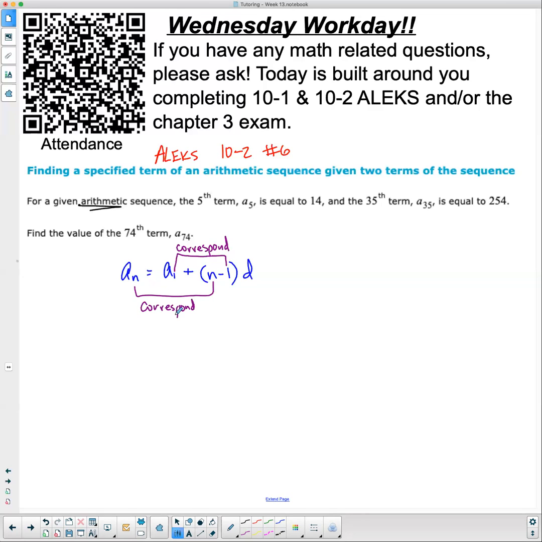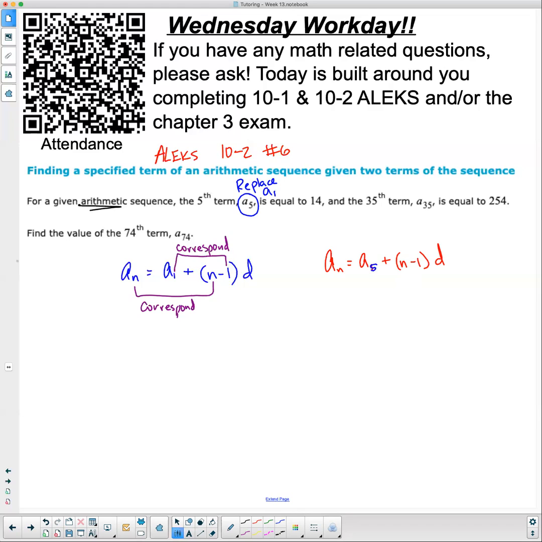Okay, so to solve this, they give us an A5 and an A35. So they gave us these two A's here. I'm going to go with the smaller being A1. When I do this second problem, I'm going to set this up where I adjust, and instead of A1, I'm going to replace A1 with A5.